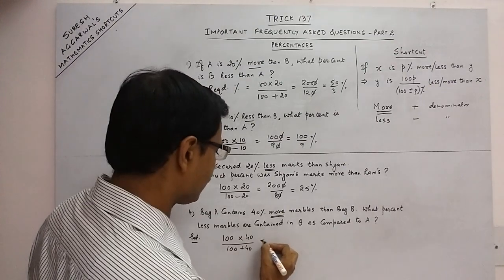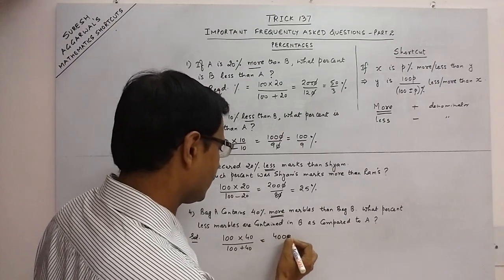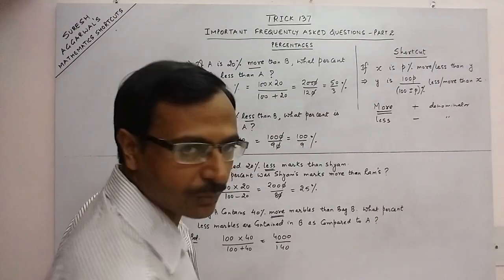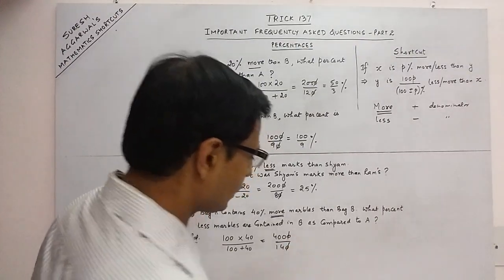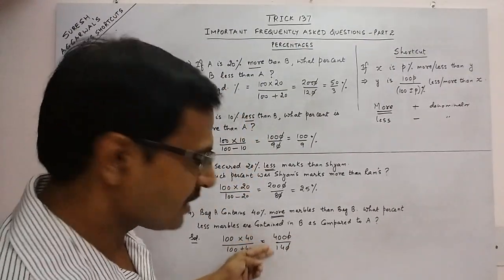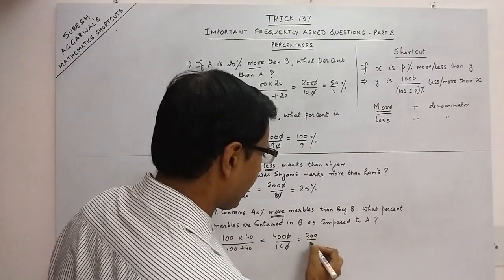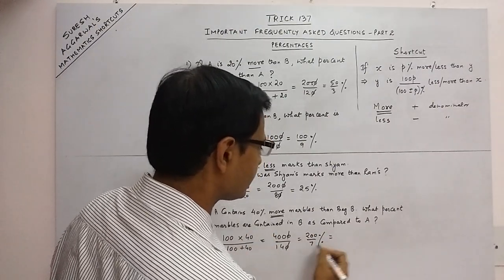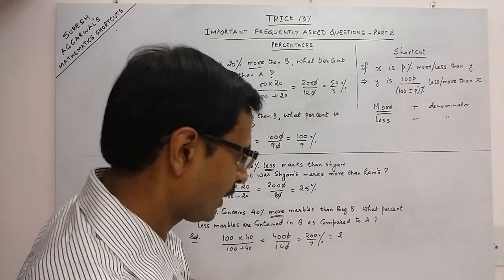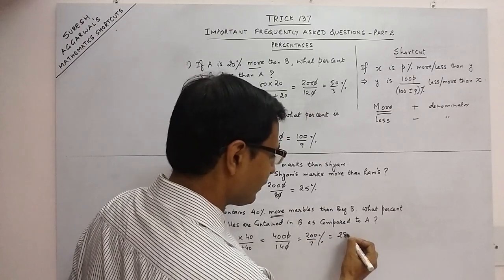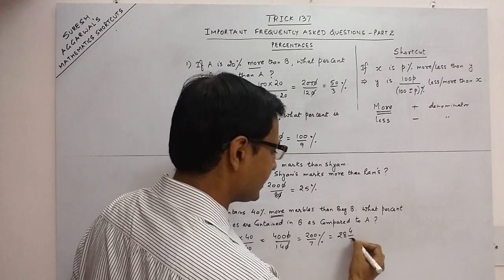So this will give us 4000 upon 140. So 0 cancels out and we can cancel this out by 2. So 200 upon 7%, or you can reduce it, 7 2s are 14, 16, 7 8s are 56, 4 by 7%.